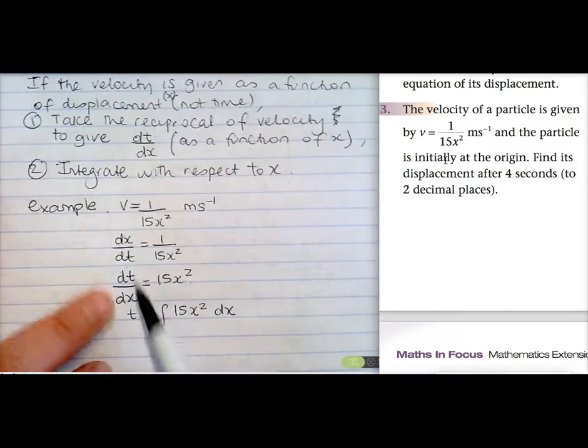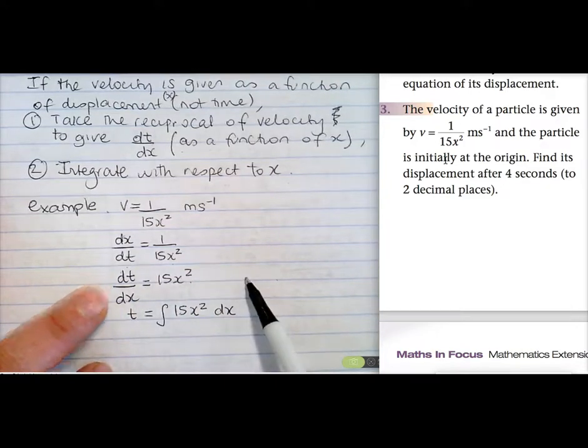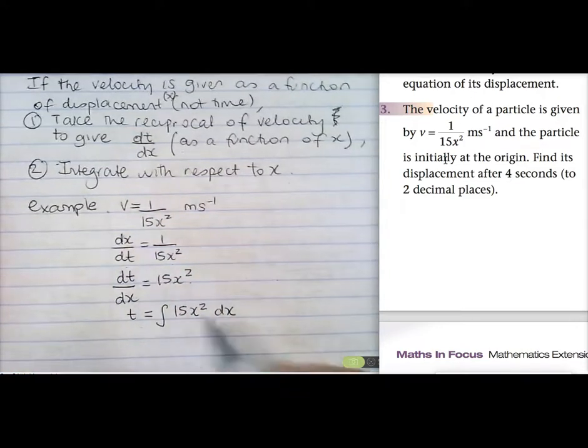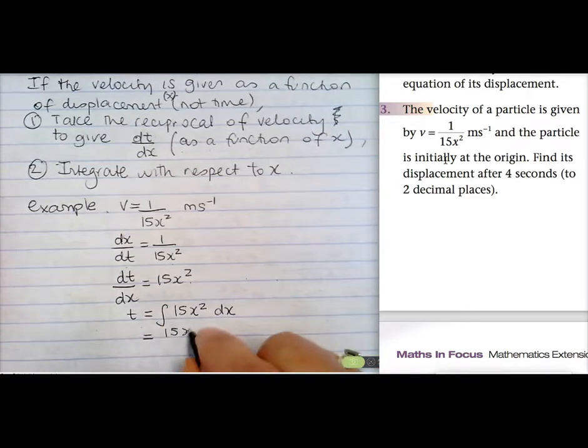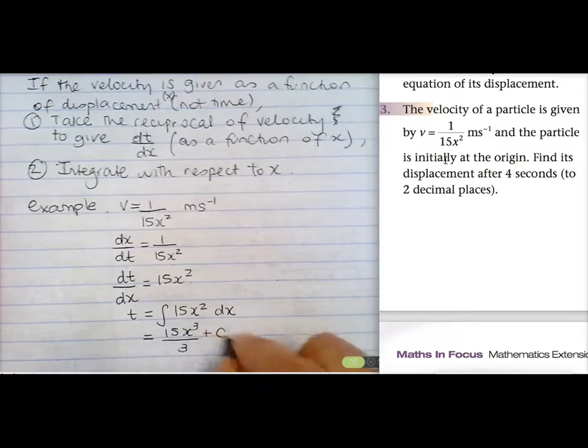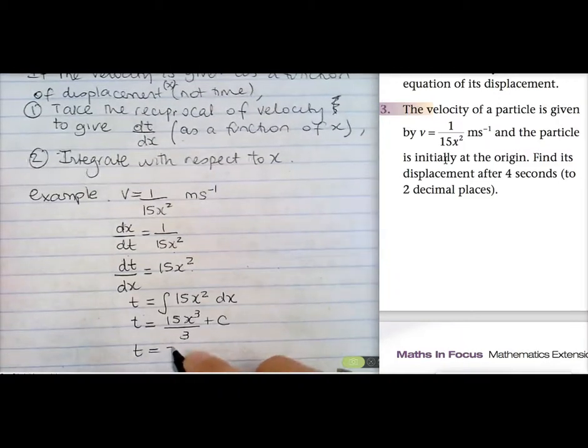So t equals the integral of 15x squared dx, which happens to be 15x cubed on 3 plus c. So therefore t is 5x cubed plus c.